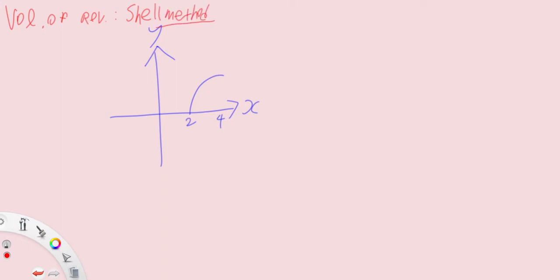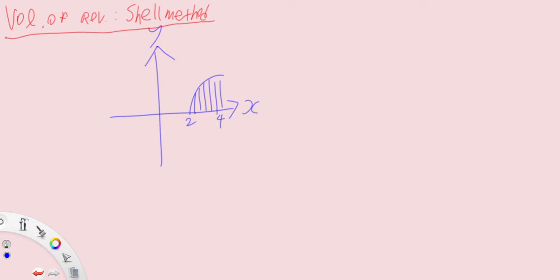Alright, so the shell method, as the name suggests, we are going to consider shells instead of disks. And it's not the type of shells that we are thinking of, right? It's more like a circular ring. Alright, what do I mean? Keeping with the trend of taking multiple widths, we're going to cut the volume into small widths.